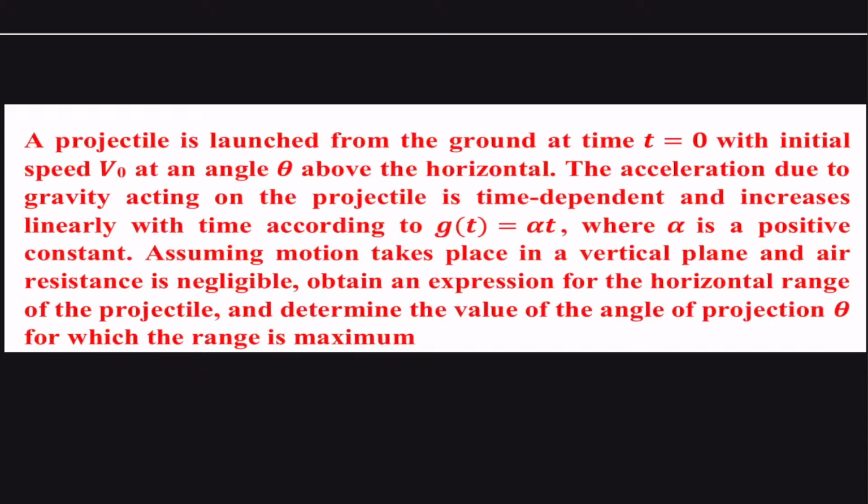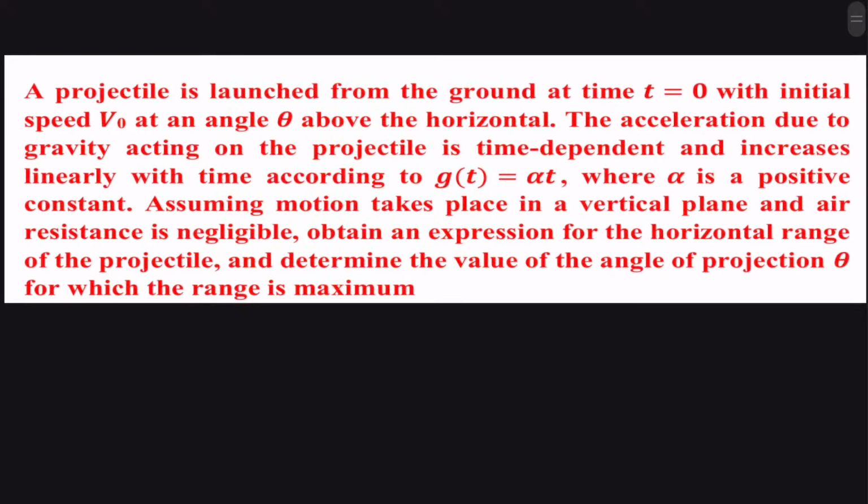And in the first question, it is given that a projectile is launched from the ground at time t equal to 0 with initial velocity v0 at an angle theta to the horizontal.